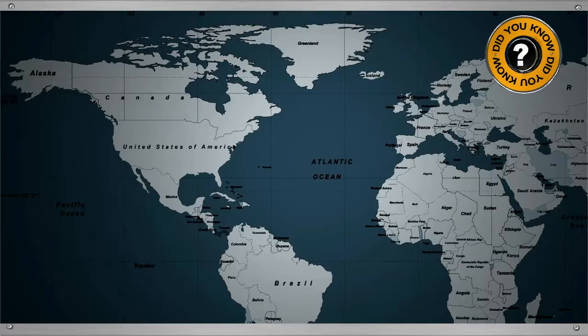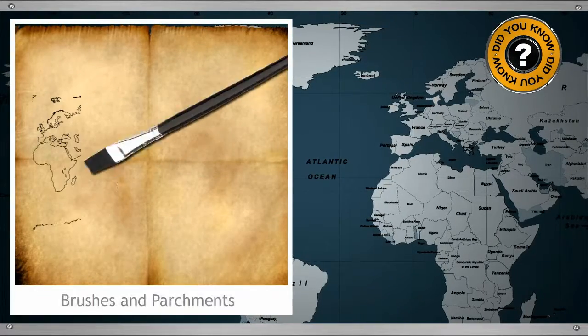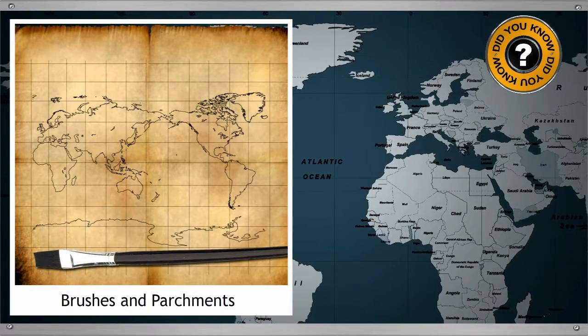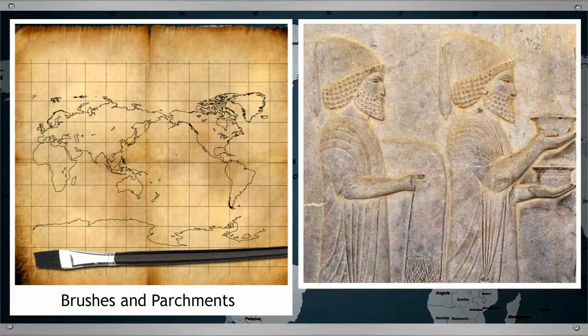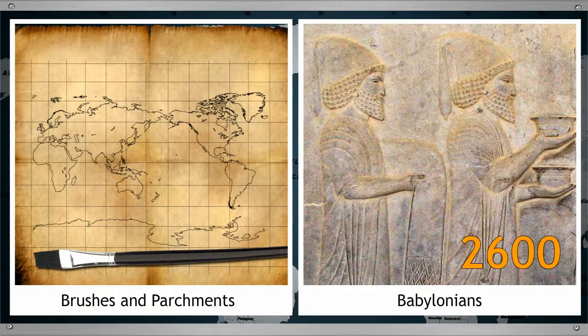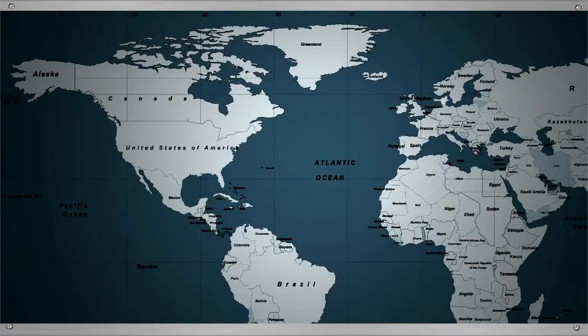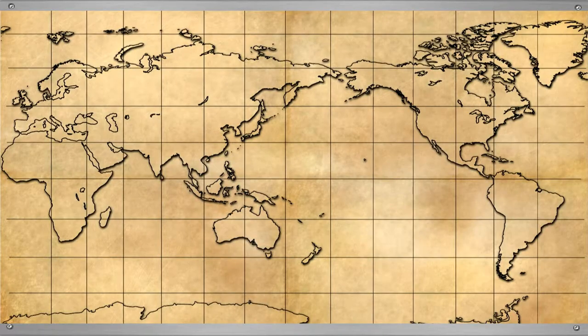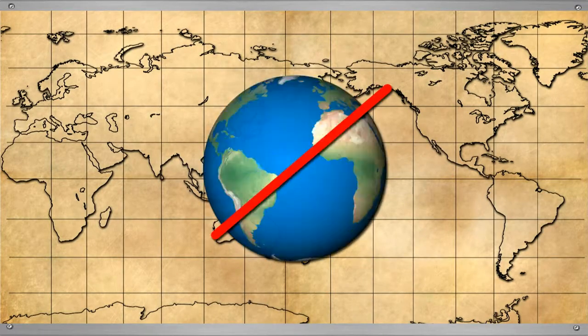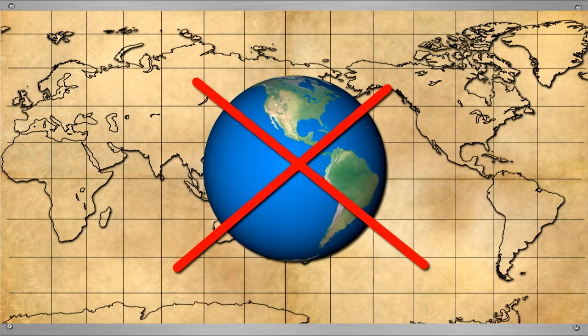Did you know that the first map was handmade using brushes and parchments? And the earliest surviving world map was made by the Babylonians about 2,600 years ago. However, the maps that were drawn 15,000 years ago did not have information about the Earth.